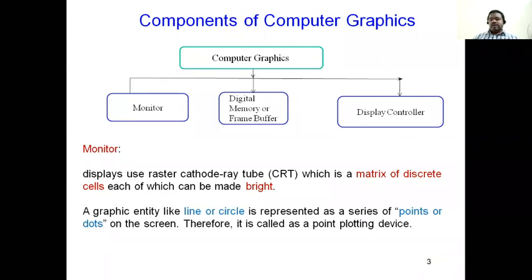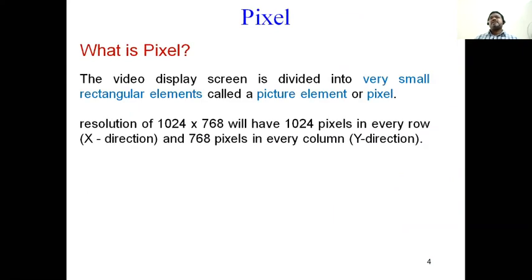Here a graphical entity like a line or circle or any other entity is represented as a series of points or dots on the screen. Therefore, the CRT monitor is called a point plotting device. What is a pixel? A pixel is a very small rectangular element, or a picture element.